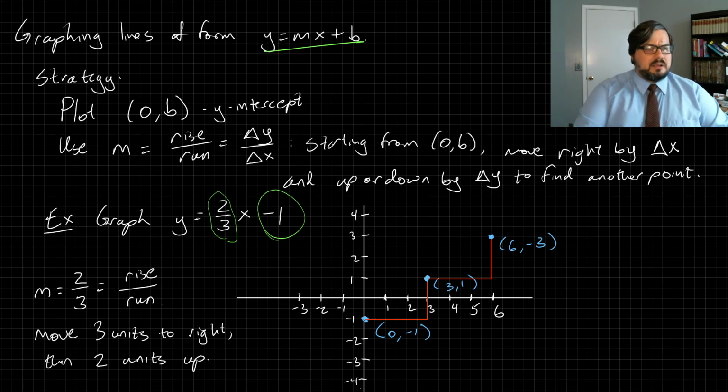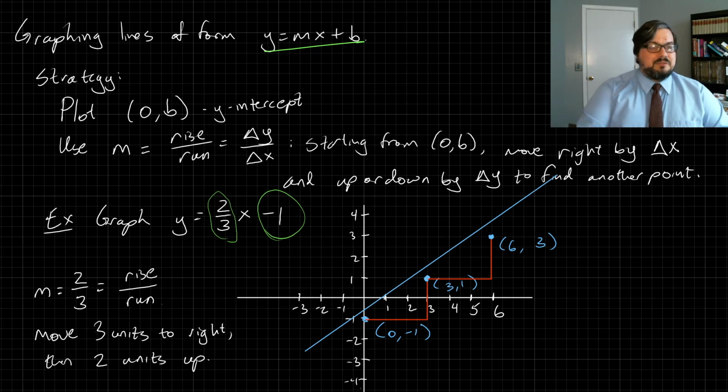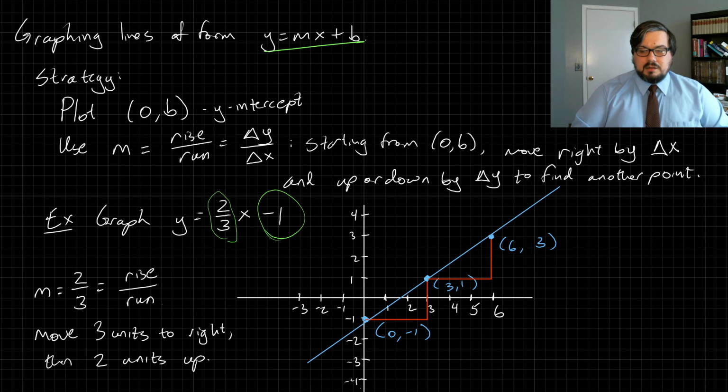I'm sorry, I don't know why I said negative. It's definitely not negative, it's definitely positive. And so these three points here all lie on our line. And so we're able to graph that out. Let me move that into position. And that's what the graph of our solution looks like.